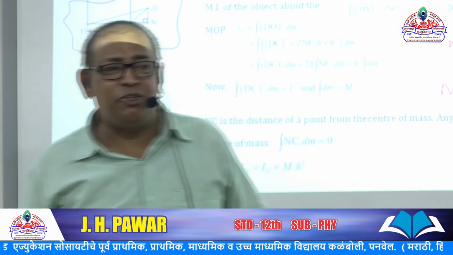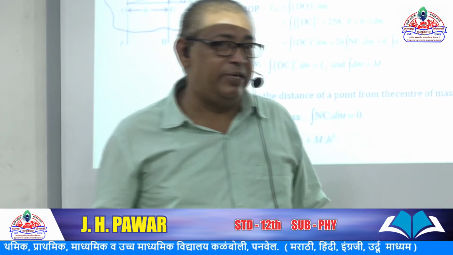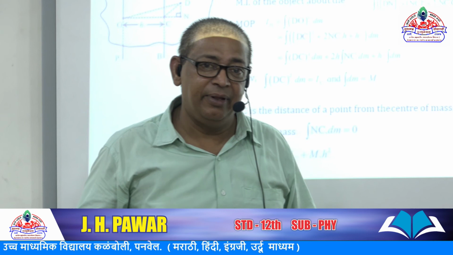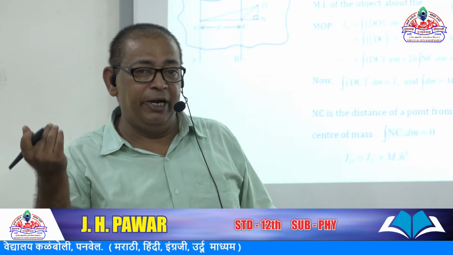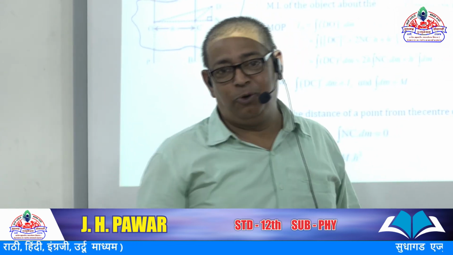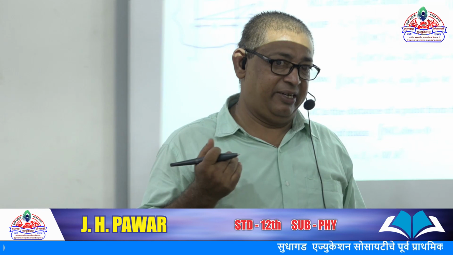Okay, that's all about it. In this chapter, in this topic, we studied rotational kinetic energy, moment of inertia, as well as the moment of inertia of two bodies like a ring and a disk.